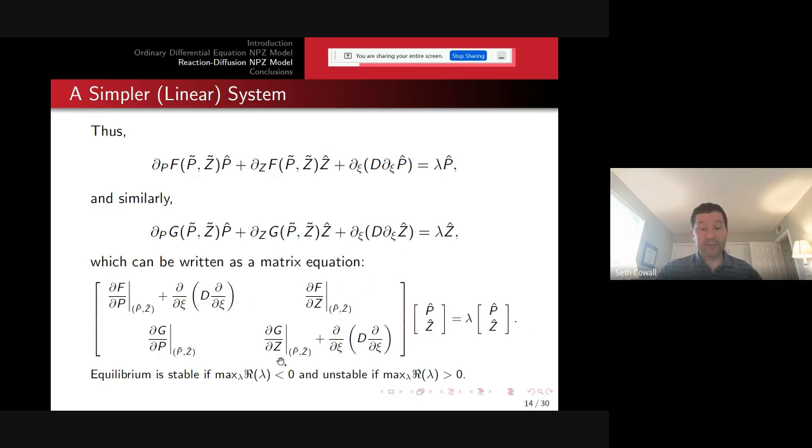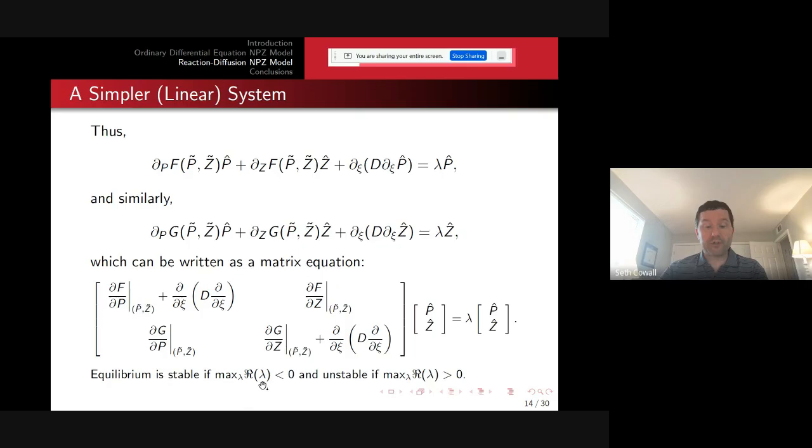And with this being a Jacobian, assuming we have an equilibrium, which I'll explain how I compute in a minute, what we do is just take the eigenvalues of this matrix and go through them and check all the real parts.